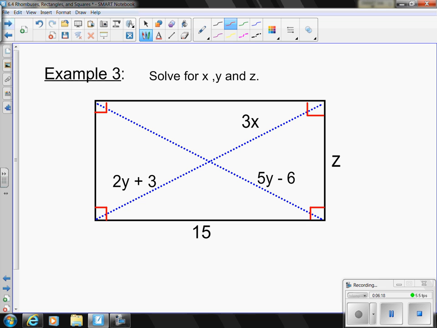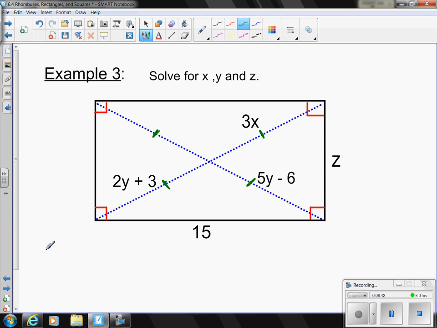And here's kind of a challenging problem. We want to solve for x, y, and z, and we're not given a whole lot of information to go off of. But if you remember that last picture, we talked about how all these diagonals have to be congruent.